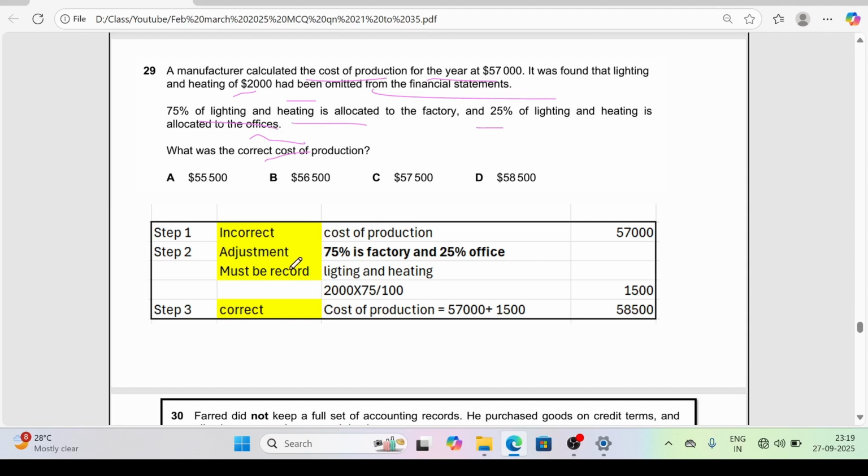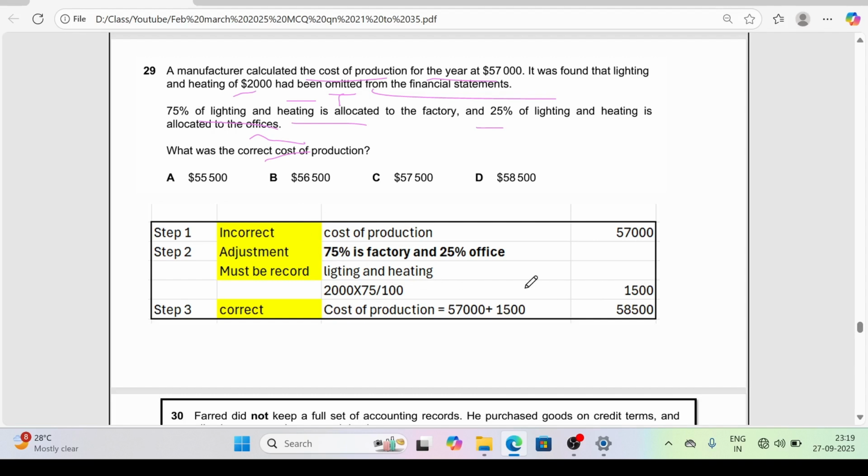Then step 2, we have to check the adjustment. 75% of lighting and heating is allocated to the factory and 25% is allocated to the office. Here $2,000 of heating and lighting had been omitted. So this omission we have to add, right? The calculation will be 2,000 times 75%, which is 1,500.